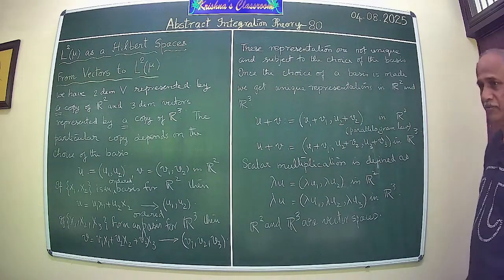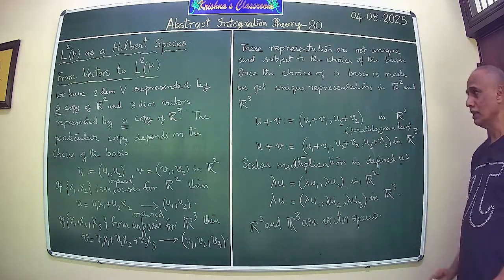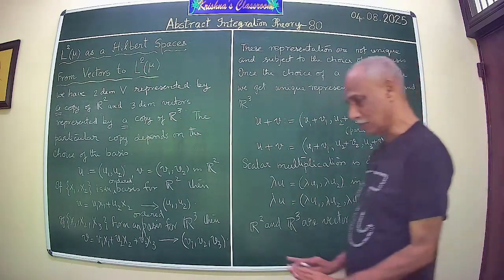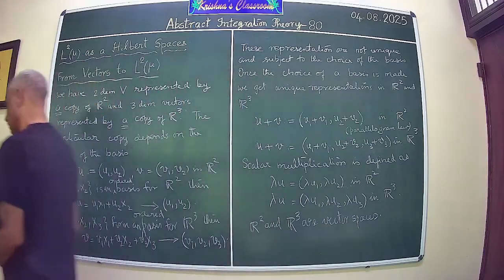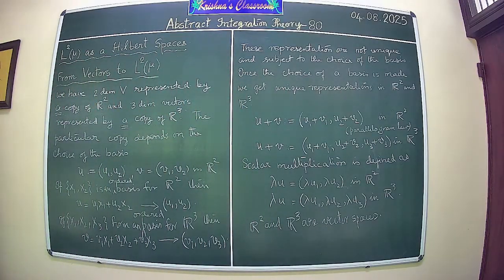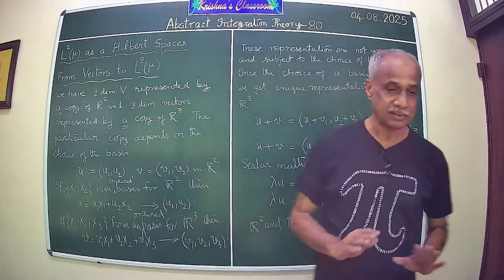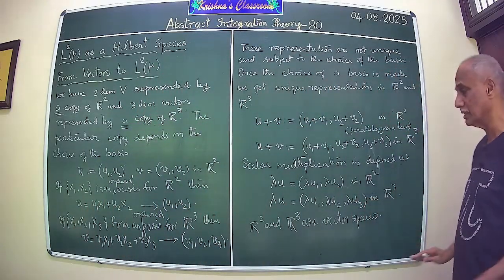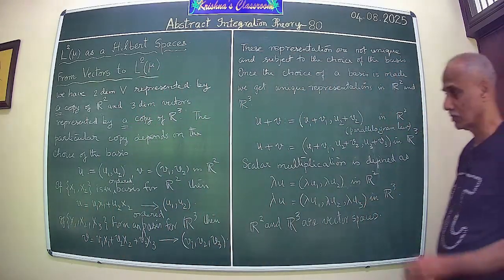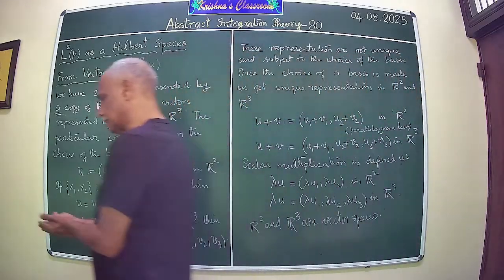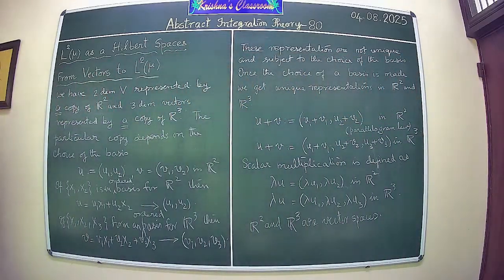Okay, they are well defined. There is no ambiguity, although the choice of the basis is not unique and the choice of the representation is therefore not unique. Nevertheless, they are all absolutely consistent. Okay, so once you fix your basis, the representation is uniquely determined.